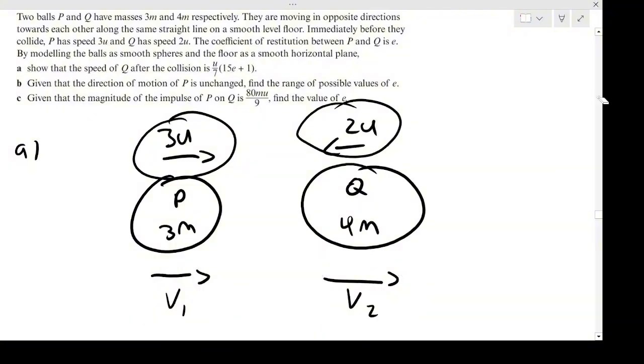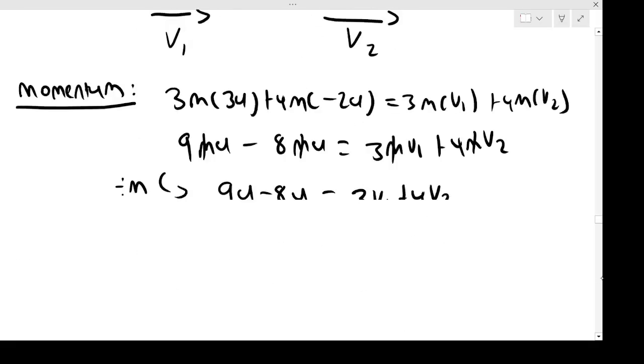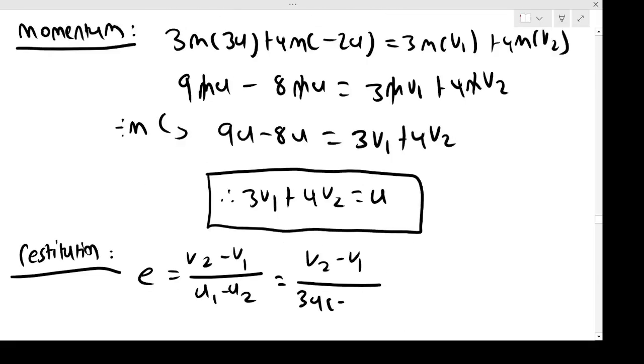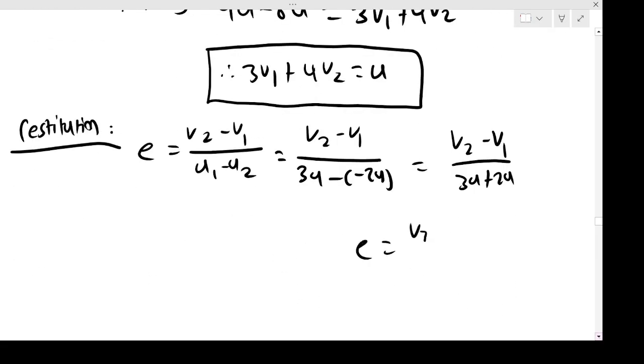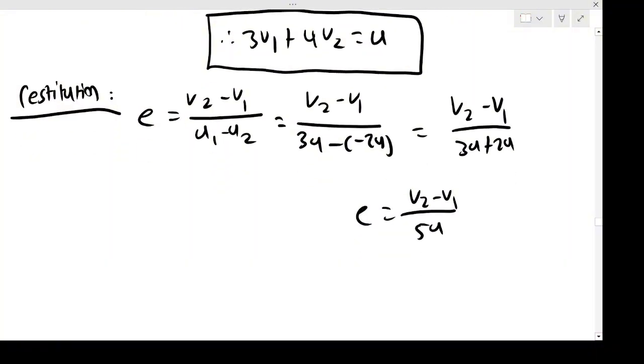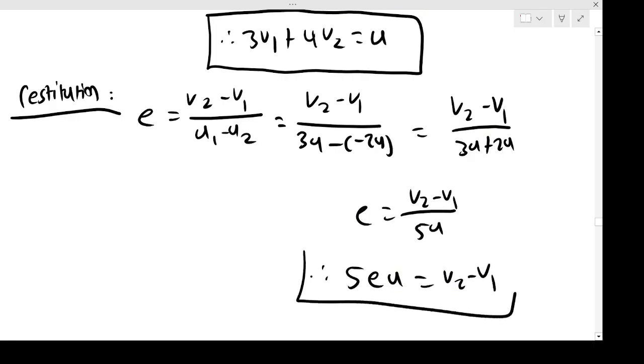And this is negative as well, right? It's going in the negative direction, so we need to negate it. So it's 3U take away minus 2U. Hopefully happy with that. So this simplifies to V2 take away V1 over 3U add 2U. And so that's E, right? So E is equal to V2 take away V1 over 5U. Now, we're not told what E is, it's just E. So if we multiply, we get 5EU is V2 take away V1. And there we are.